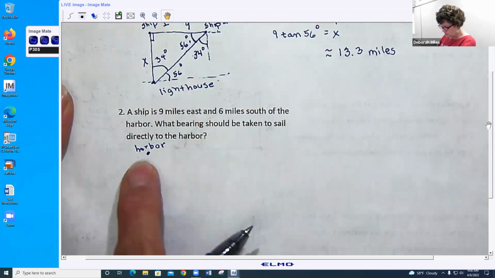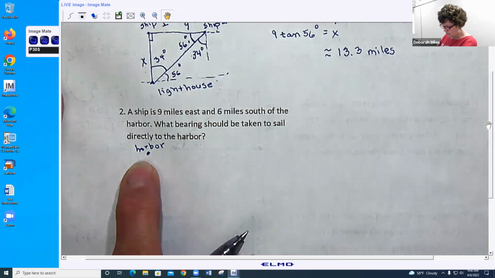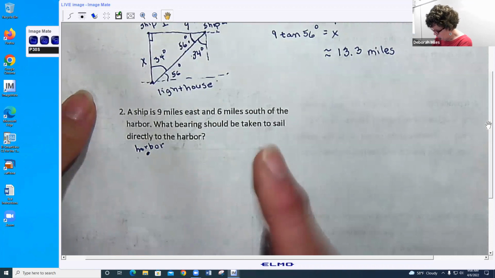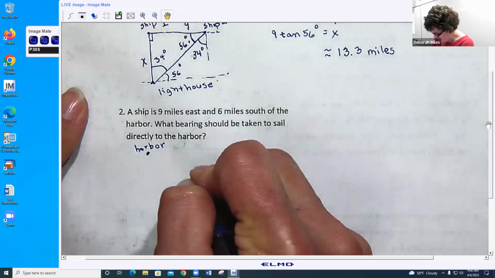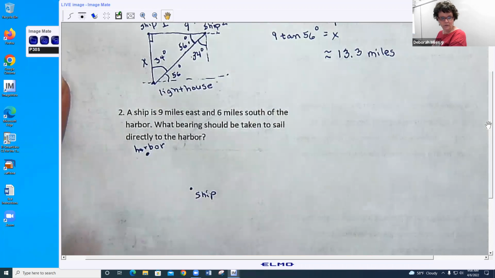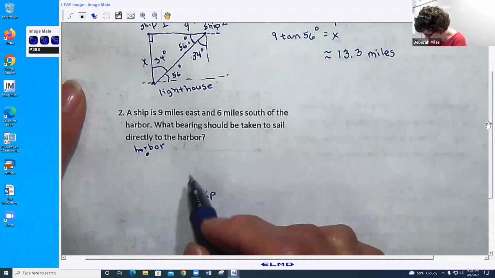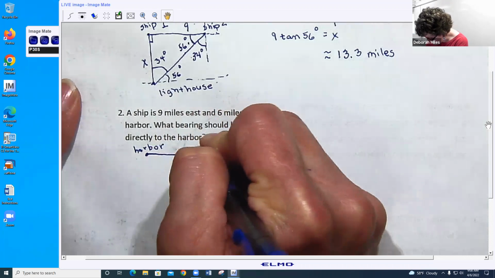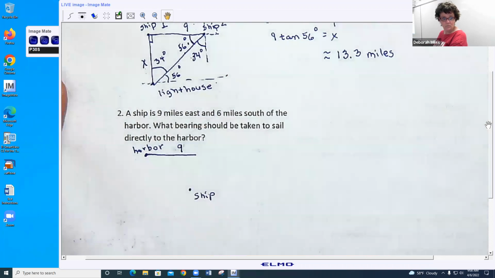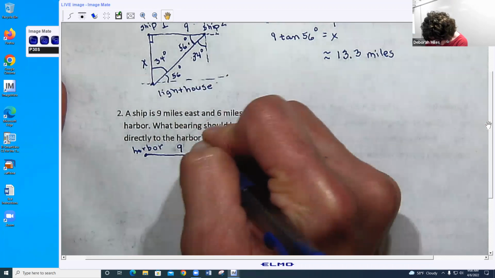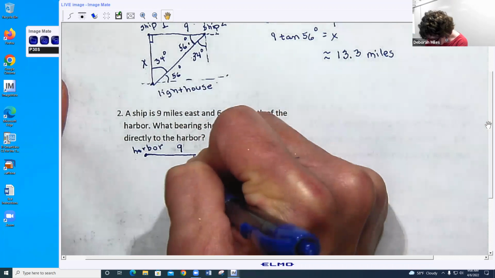The ship is east of the harbor, so the ship is to the right of the harbor. And it's 9 miles east and 6 miles south.